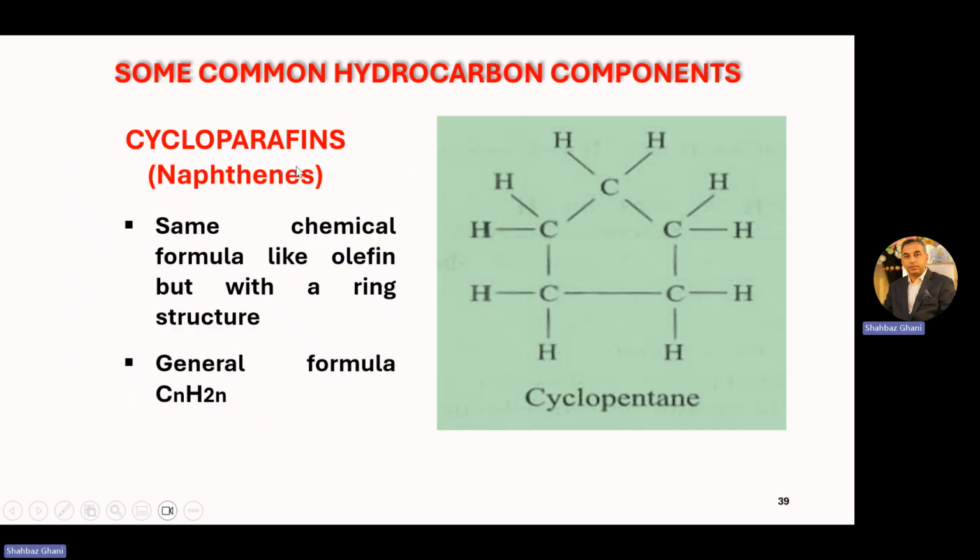Another common hydrocarbon is cycloparaffin, or naphthenes. The same chemical formula as olefin, but with a ring structure. Now we have this ring structure. The general formula is CnH2n. Cyclopentane is a common cycloparaffin.